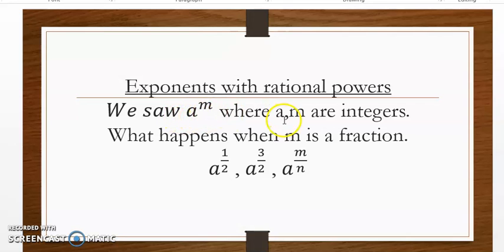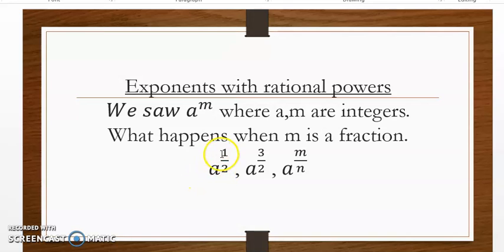Okay. So earlier we have seen only a to the power m, where a and m are integers, because last slide we saw how to use negative powers also. So we have only seen natural numbers and integers, that is the exponents and the powers were natural numbers and integers. So now let us look at what happens when the power is a fraction.